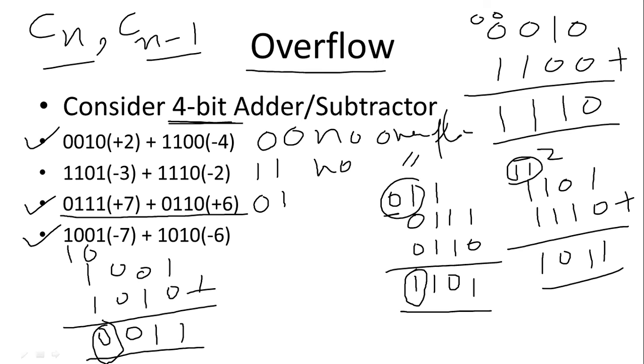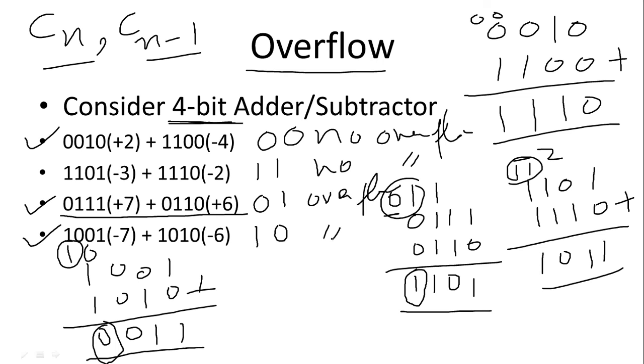So minus 7 minus 6 should be minus 13, but we achieved a positive number. It means there is also an issue of overflow. If we had an additional bit, that one could be used for the negative number. For that case, our Cn is 1 and Cn minus 1 is 0. So this is overflow and this is again overflow.